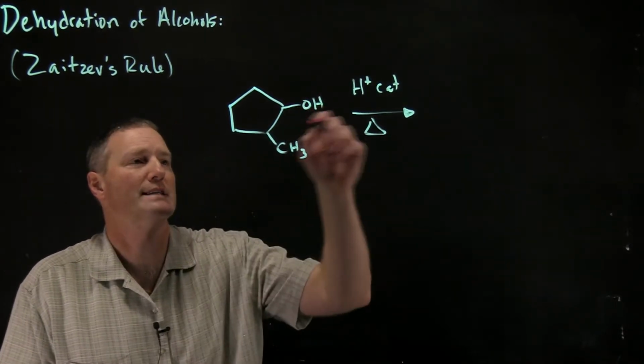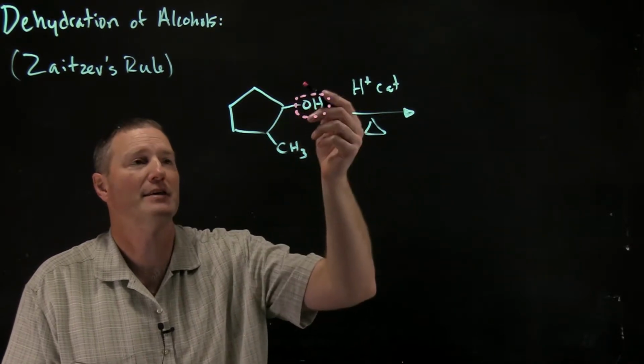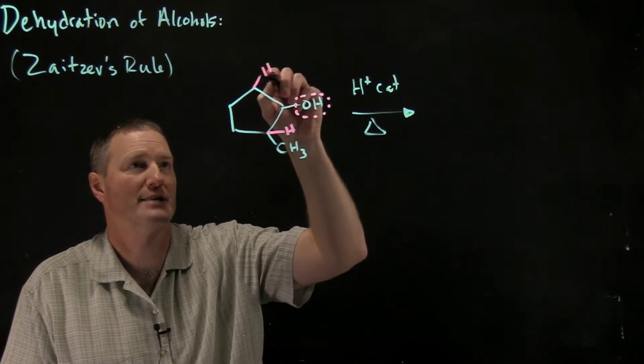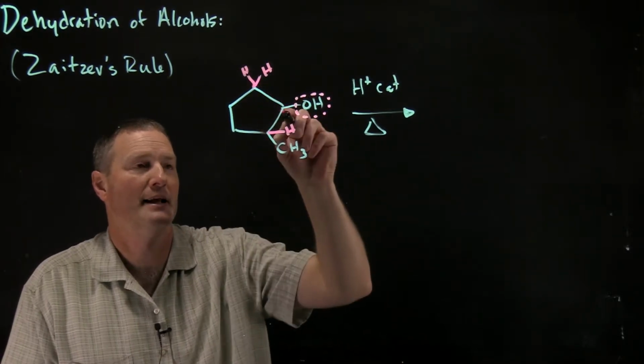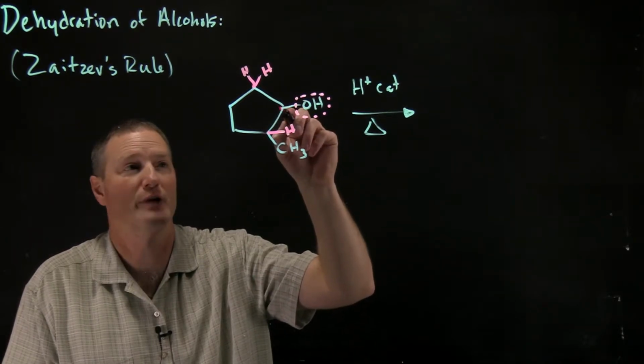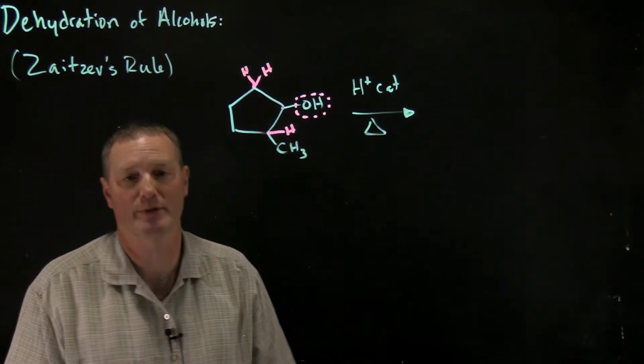When you're doing a dehydration reaction, obviously the OH group is going to be removed. And let's go ahead and draw in the adjacent hydrogens. When I say adjacent hydrogens, I mean the hydrogens that are on an adjacent carbon relative to the original alcohol carbon. So this is the alcohol carbon here, and we look at the two adjacent ones there.